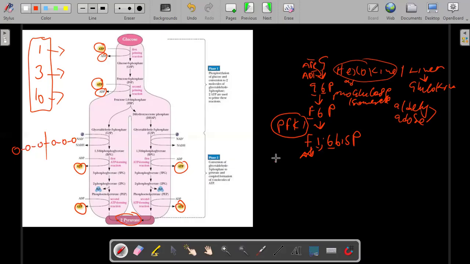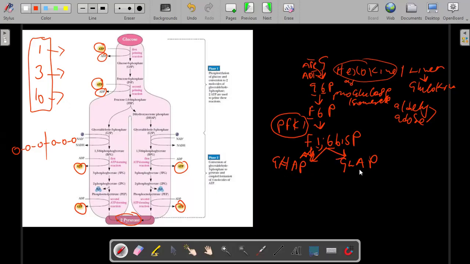So we have dihydroxyacetone phosphate, and also glyceraldehyde phosphate. These are the 2 molecules. We've split our fructose into 2.